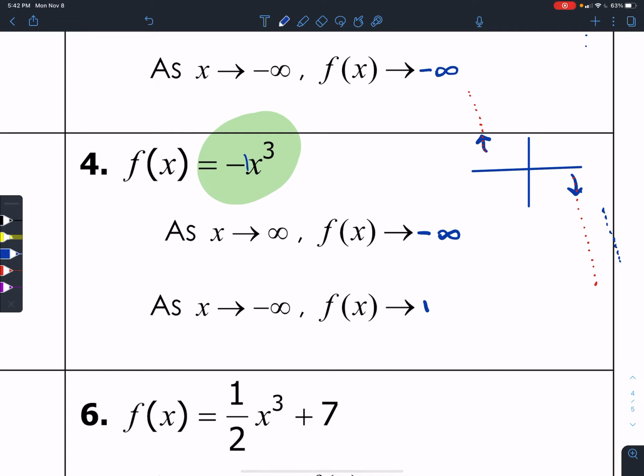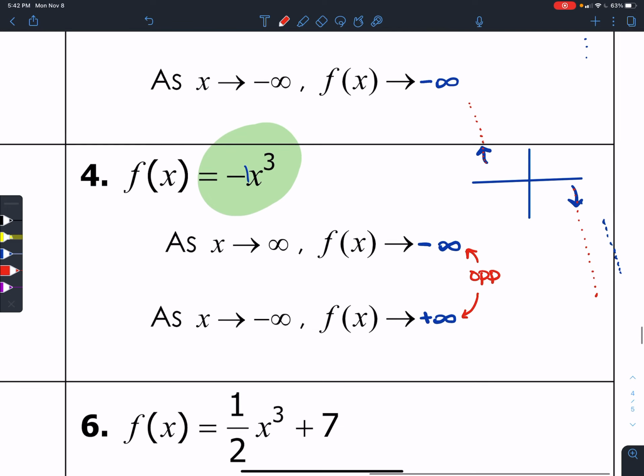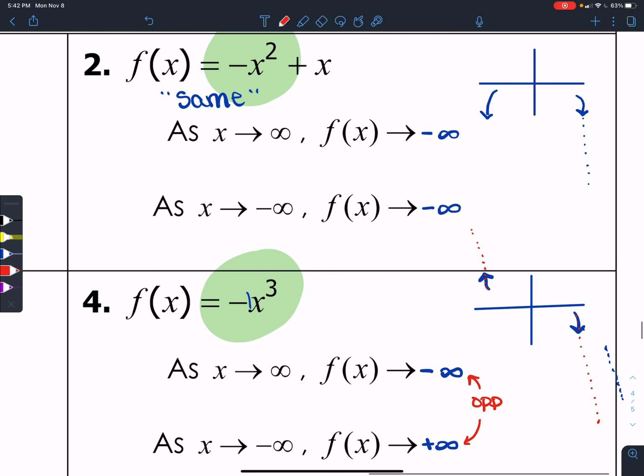So this one will be +infinity. Odd degree means opposite ends. That was negative, that is positive. This last one, they were the same, so they were both going to -infinity.